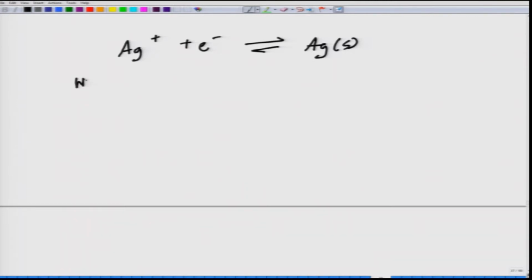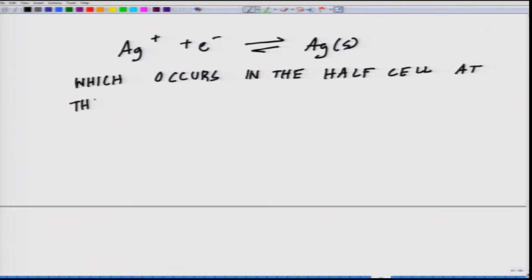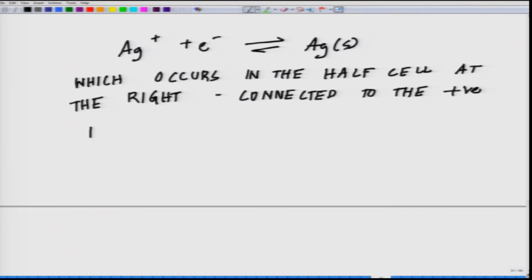So let us define where it is happening, which occurs in the half cell at the right, and remember it is connected to the positive terminal of the potentiometer.